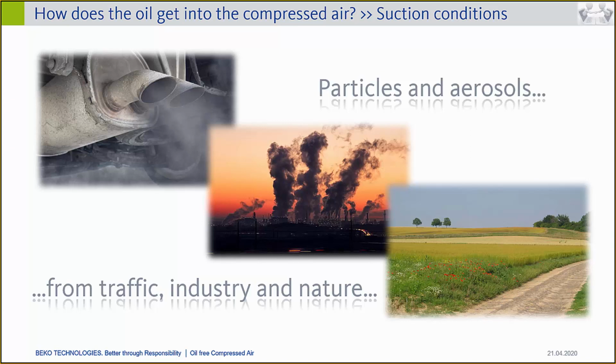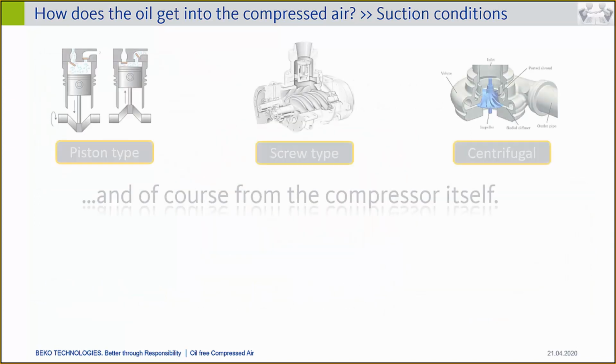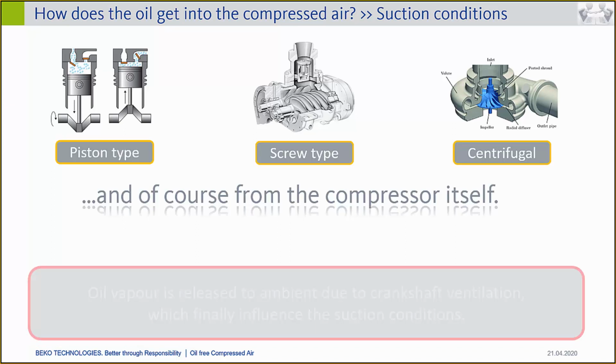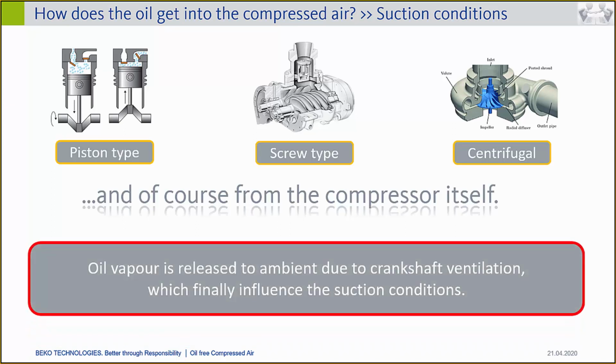And as already mentioned, of course, from the compressor itself, even if these types of compressors are running in oil-free compression mode, most of them have a lubricated gearbox. And all these gearboxes have a ventilation area. So that means the oil vapor is released to ambient due to the crankshaft ventilation or the gearbox ventilation, and that finally influences the suction conditions.